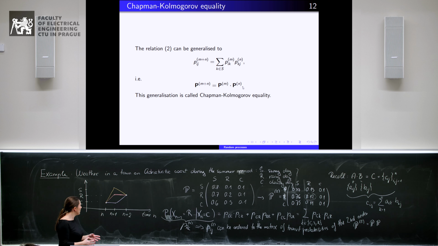But it is natural because it is not important whether we consider only one step here and one step here, or m steps here and n steps here. And so the idea is the same. It must always be the sum over all states at some time in the middle of the considered interval.